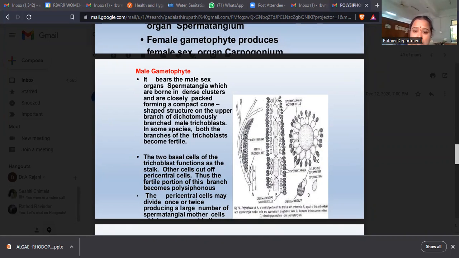They are closely packed, forming a compact cone-shaped structure. These are on the upper branches of dichotomously branched male trichoblasts. Here two trichoblast cells function as stalk and pericentral cells.